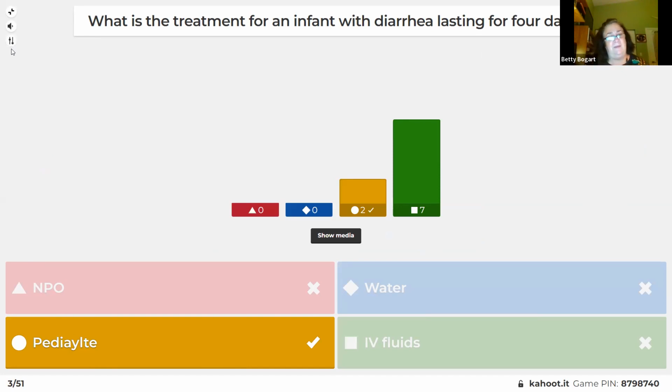So they don't need IV fluids. So oral electrolyte solution for diarrhea is appropriate, okay? Furthermore, you're not going to stop feeding these children, because if you only gave liquid to a child with diarrhea, what's the stool going to look like? Liquid. So you need to give them something to make a stool. So you would feed them non-spicy, low-fat food to give them something to make a stool.